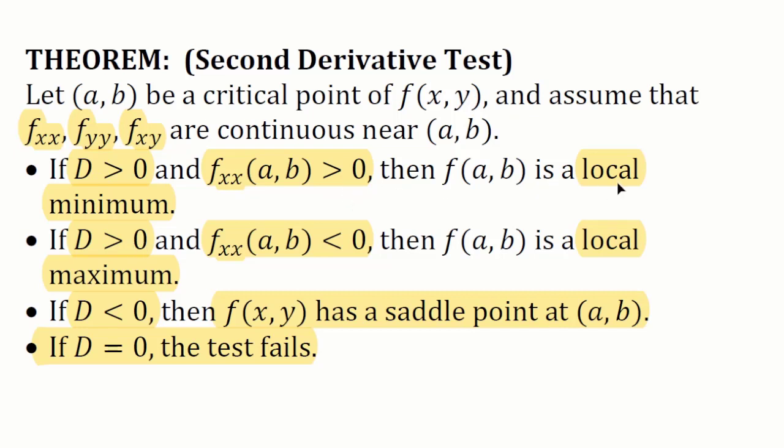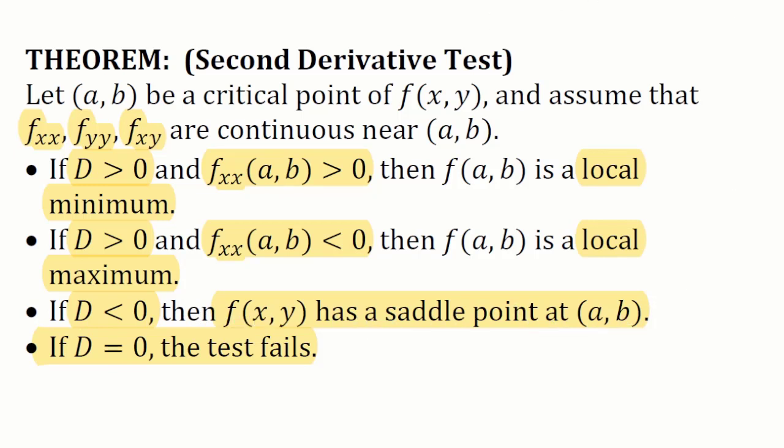And what matters to give local minimum or local maximum relies on the partial derivative f_xx, whether being positive or negative. But what happens if the D expression evaluates to negative? The theorem states that the function f of x has a saddle point.